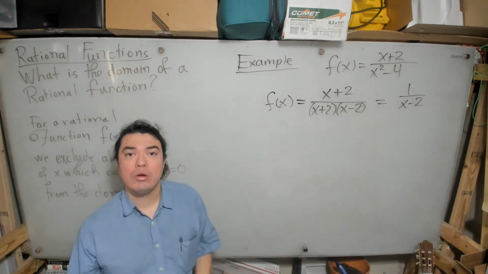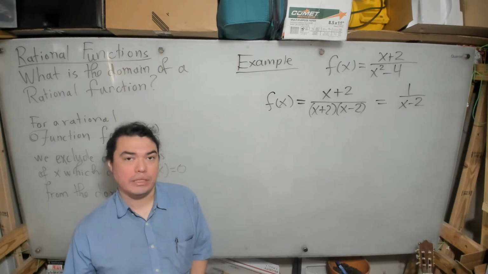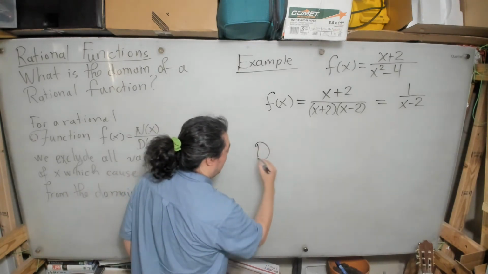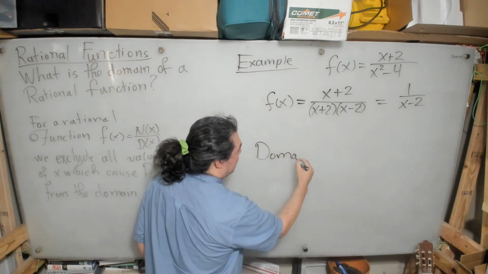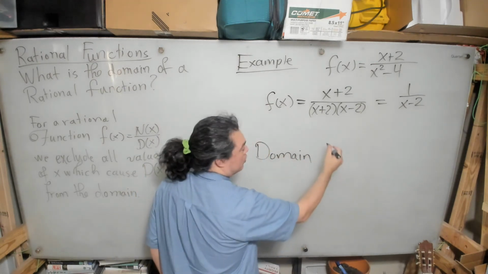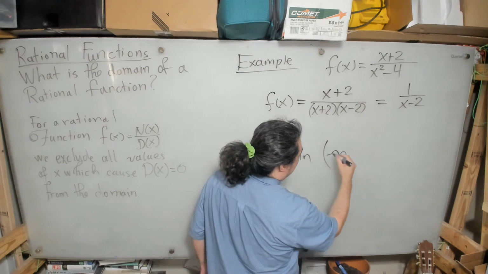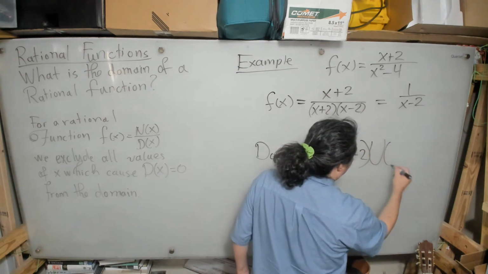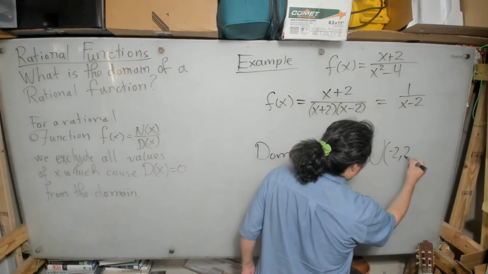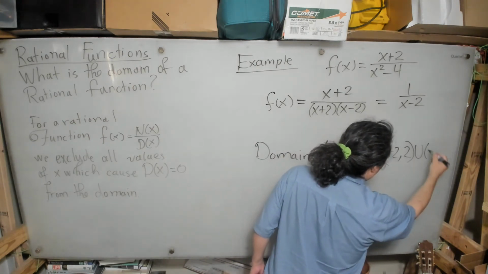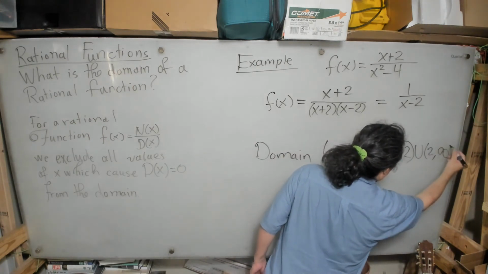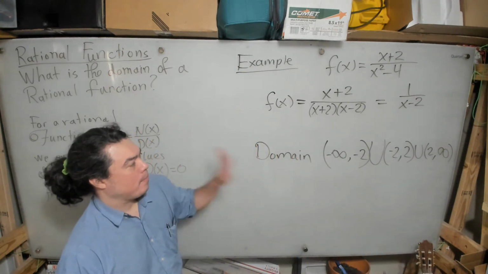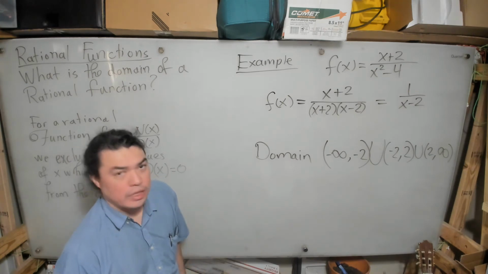And the answer: we're going to eliminate them both, always. So here, the domain, we're going to eliminate -2 and +2. So it'll be -infinity all the way to -2, union, -2 to 2, and then union 2 to infinity. So that's number one.